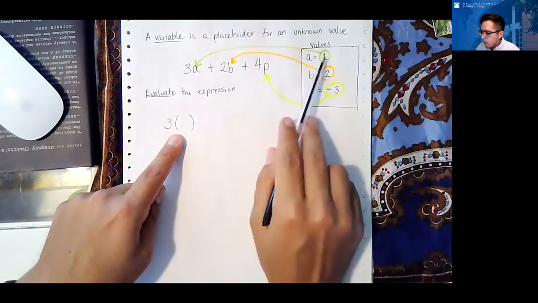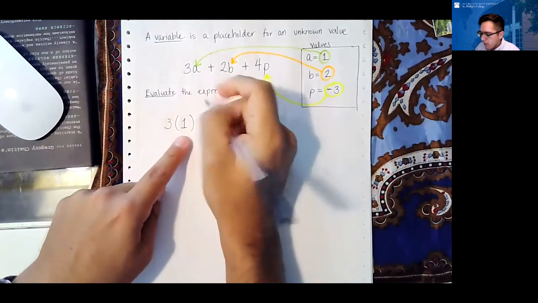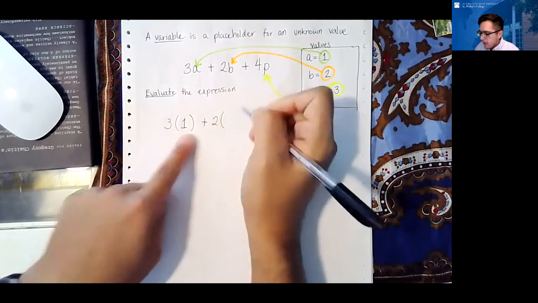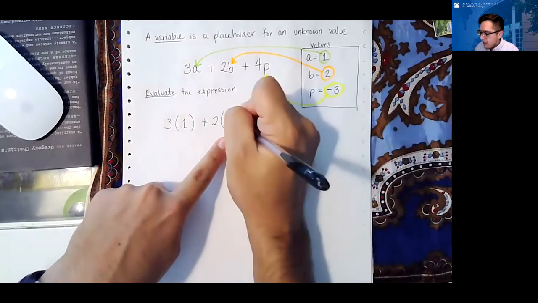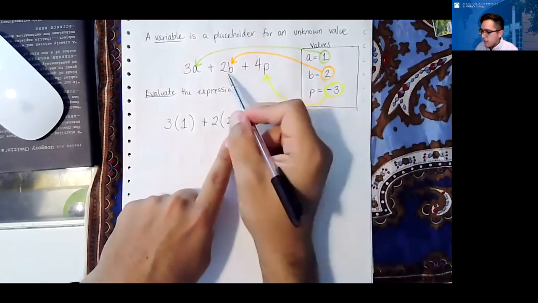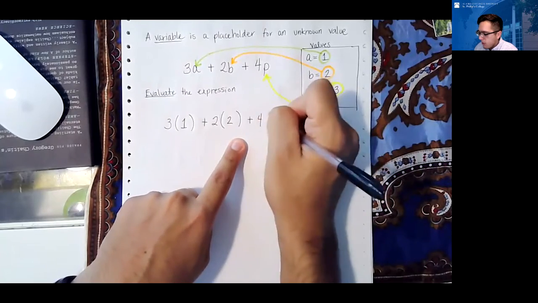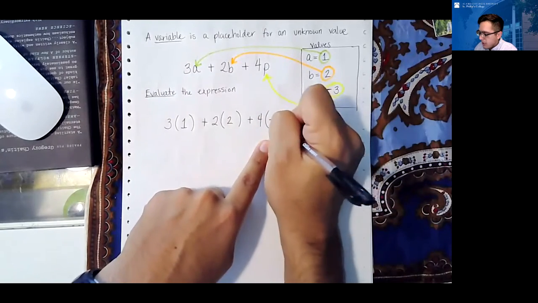So if A is worth 1, we're going to put a 1 here, plus 2, then parentheses 2, since that is the value of B, plus 4, and then the value of P was negative 3.